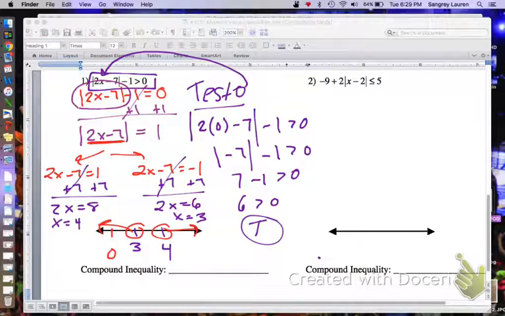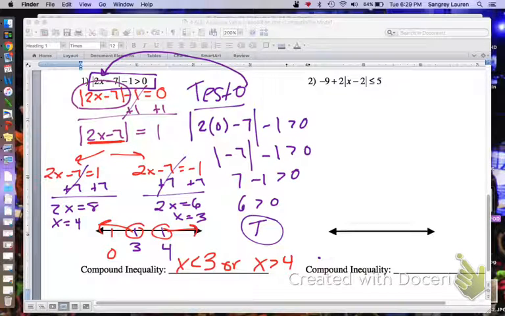So even though the arrow is technically going away from 0 with the 4, we only have two options. We either have to shade in or out. And since 0 is outside of these two numbers, we shade out, okay? And then this is an or problem because we shade it out. So we have x is less than 3 or x is greater than 4.